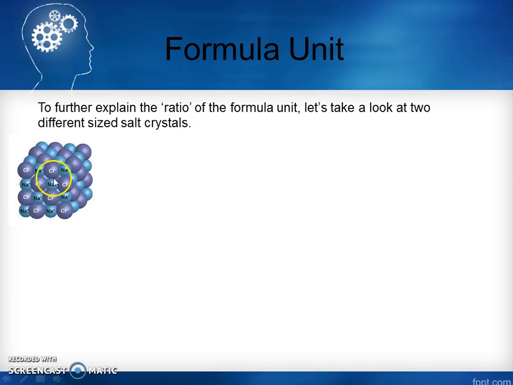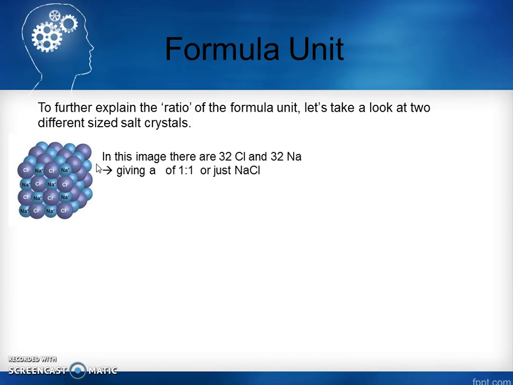Now if you look at this lattice, there's actually 4 rows of the NaCl pattern. So in this image, there are a total of 8 times 4, which is 32 chlorines, and also 32 sodiums. Now this ratio of 32 to 32 is just a ratio of 1 to 1, or just NaCl, 1 to 1.